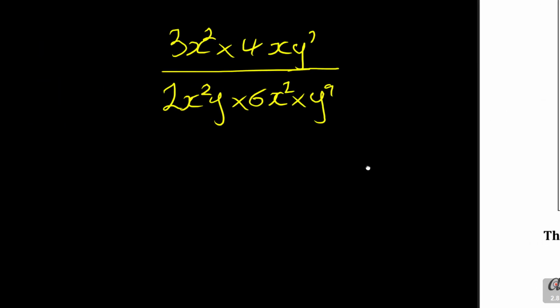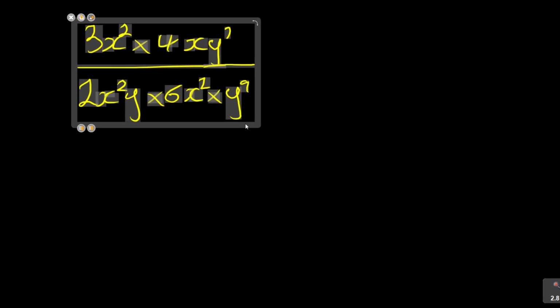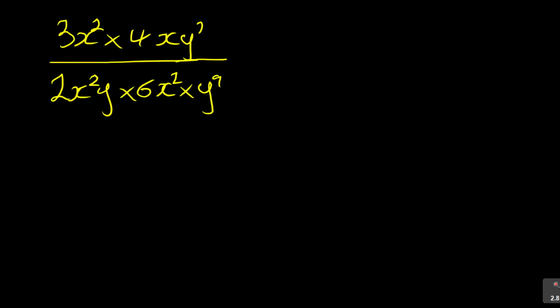Different approaches, but at the end of the day, the aim is to ensure that the answer is the same. If everything is multiplying, you are also allowed to do this, just to get rid of some of the things. You are allowed to say x squared can cancel x squared. Then you say equal to 3 times, now 4, you express it as a product of prime factors. 4 will become 2 to the power of 2, but you can say 2 times 2 if you want.